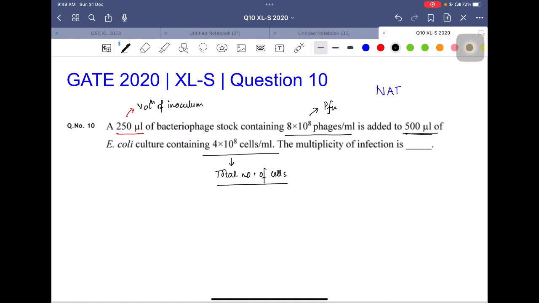First of all, we have to calculate the total number of cells. 500 microliter of E. coli culture is given with 4 into 10 to the power 8 cells per ml. So 1 ml has 4 into 10 to the power 8 cells.